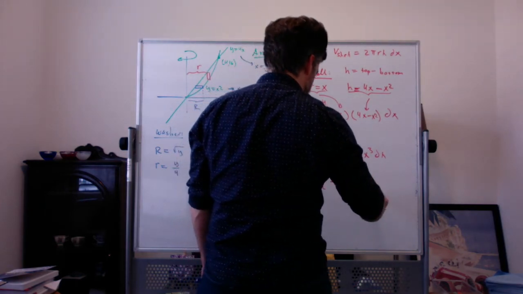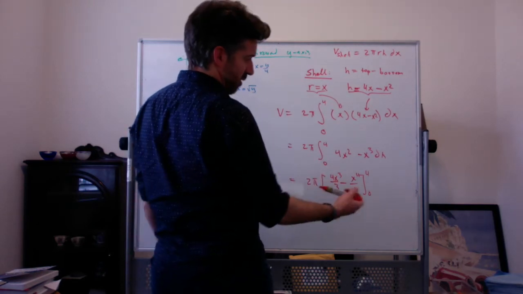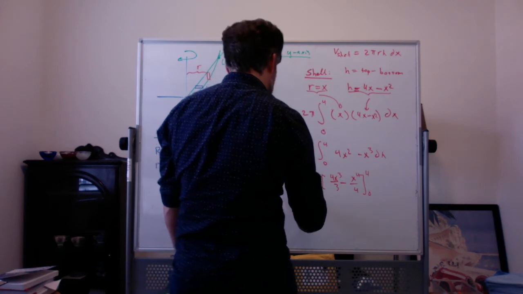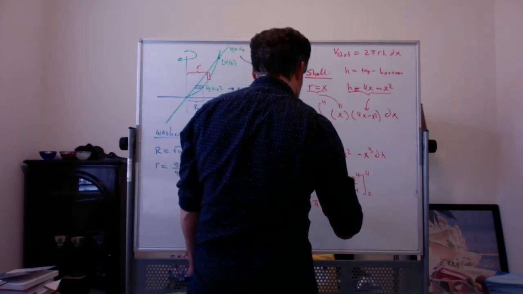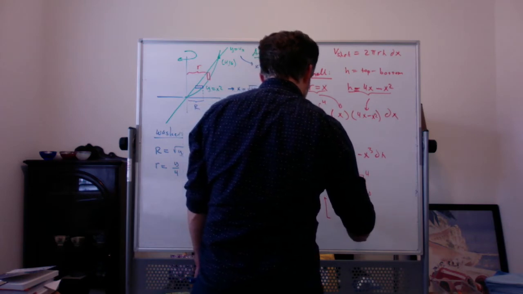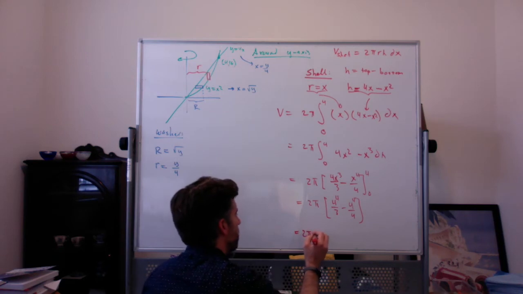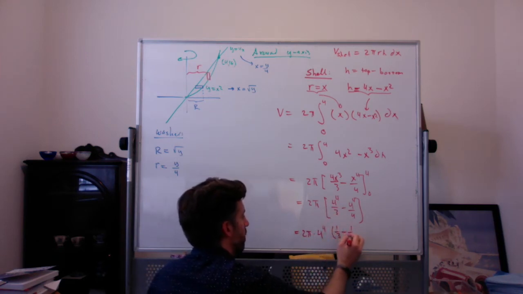A lot of these problems work out this way where I'm going to plug in 4 and I get 4 times 4 cubed, which is 4 to the 4th, minus 4 to the 4th. They have different denominators, so I've got 4 to the 4th over 3 minus 4 to the 4th over 4, and I can factor out a 4 to the 4th. So it's 2 pi times 4 to the 4th times 1/3 minus 1/4.